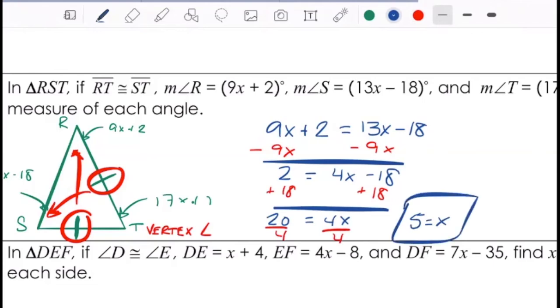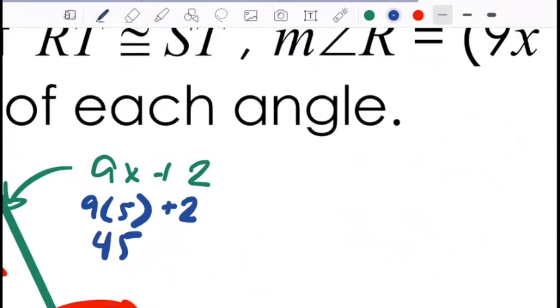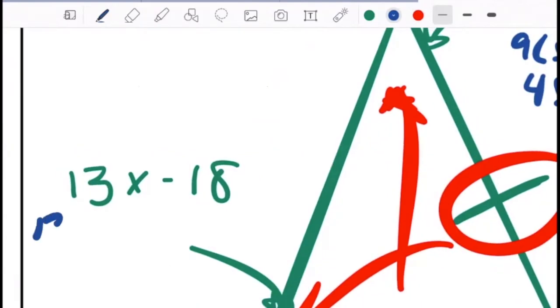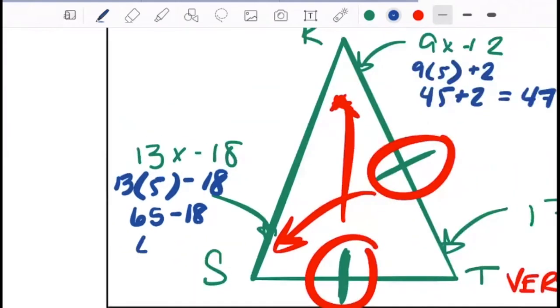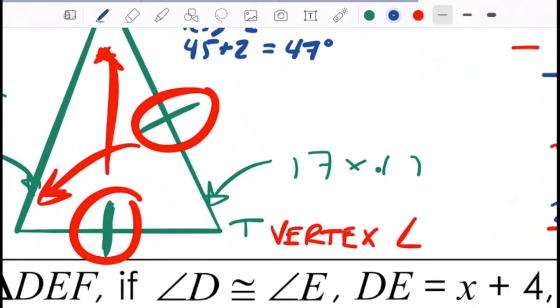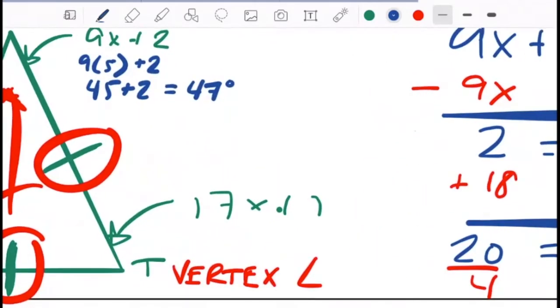Now that we know that, we're just going to substitute that value into each expression. So 9 times 5 plus 2. 45 plus 2 is 47. 13 times 5 minus 18. 13 times 5 is 65. 65 minus 18 is 47. And our last one, 17x plus 1.